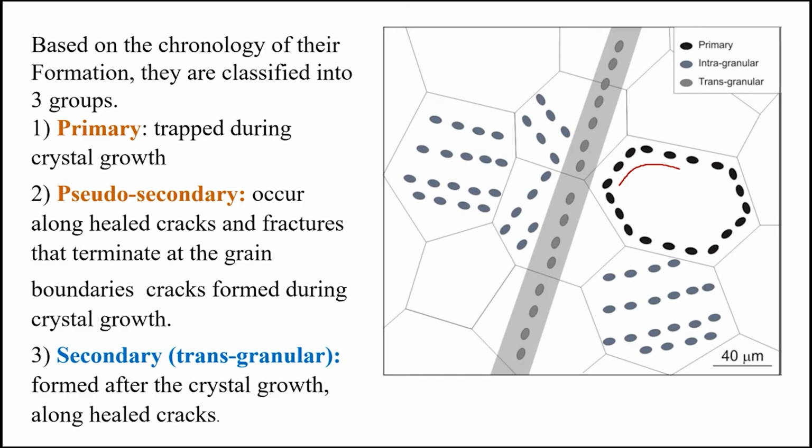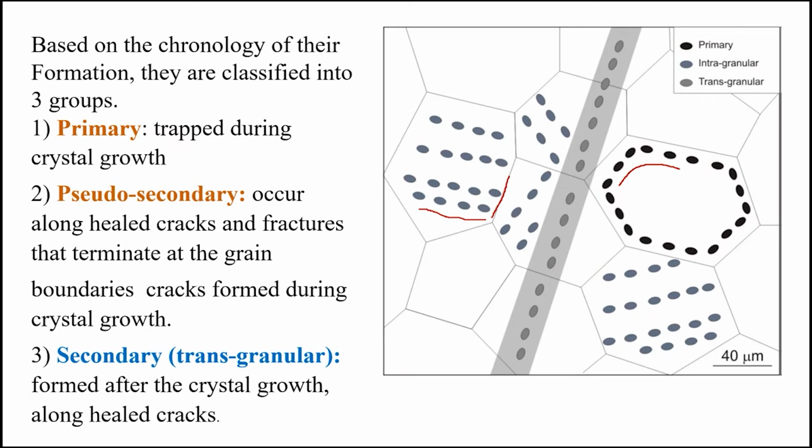So we can see in this diagram that they are not exactly parallel to the edges of the crystals, and they terminate along some of the crystal edges. So these are not exactly formed during the growth of the crystals, but nearly the same as the primary fluid inclusions.